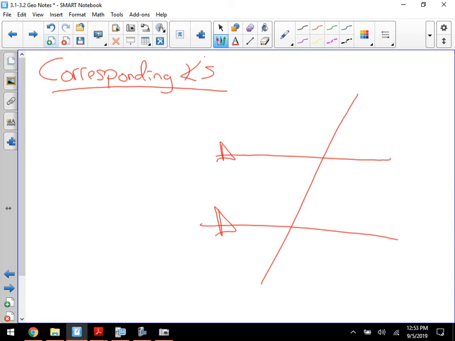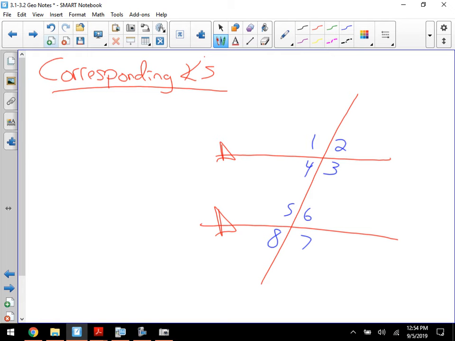Corresponding angles. If I'm thinking about this thing called corresponding angles, I'm going to draw my little picture off to the side, put my little arrows on it to show that they're parallel. And I have that. If I label it like that, angle 1 is in what position on that top line?